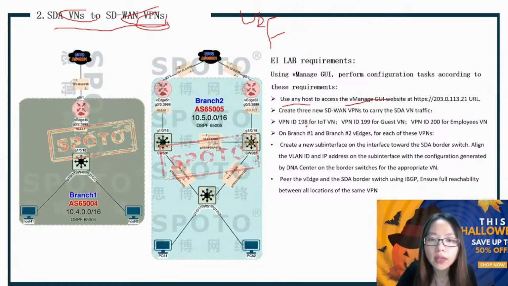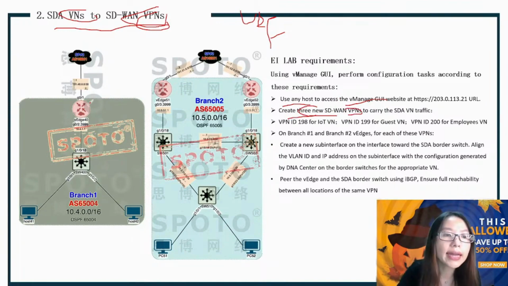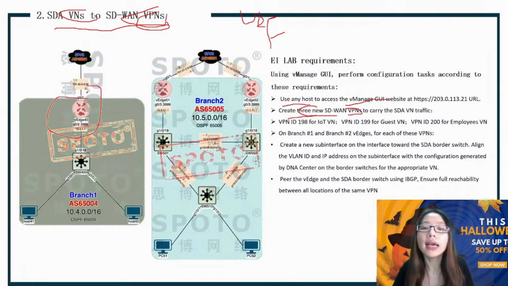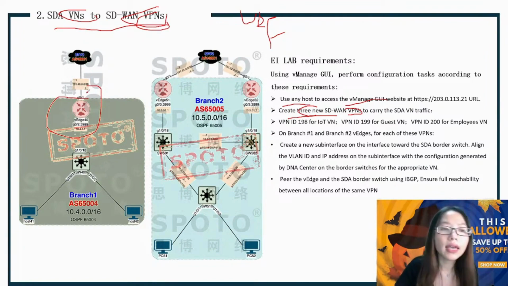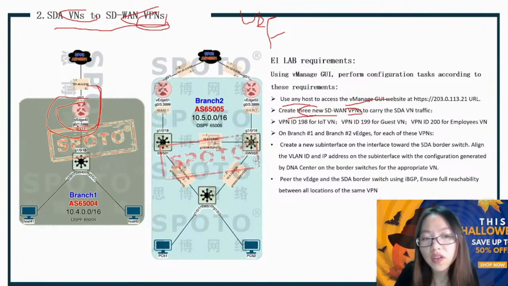Okay, so we need to create 3 new SD-WAN VPN. Okay, so we need to create 3 SD-WAN VPN in VH. Okay, so we need to create 3 VPN in VH 40, 51, 52.